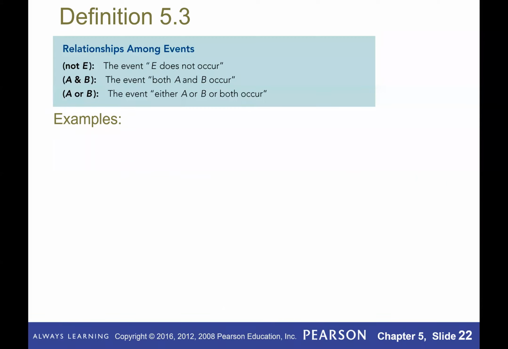Okay, so relationships among events. We already discussed the relationships among events: not E, A and B, and A or B. So now we'll go over some examples. For example, if our experiment is rolling a die, then the sample space will be 1, 2, 3, 4, 5, 6.